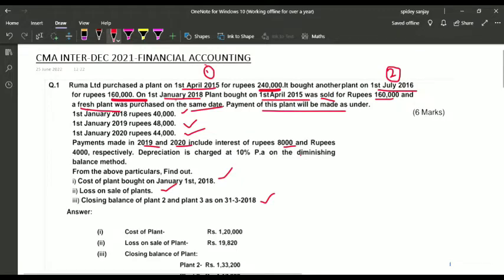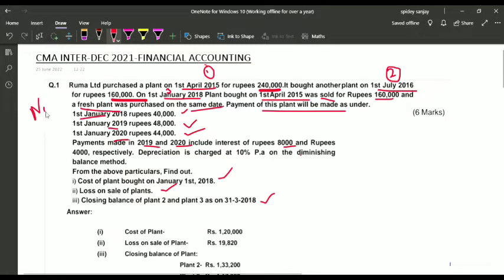The payment of this plant is mentioned for 2018, 19, 20. As on 2018 there is no interest as such, because we are purchasing in January 2018 and paying on the same date, so there is no interest element in that.